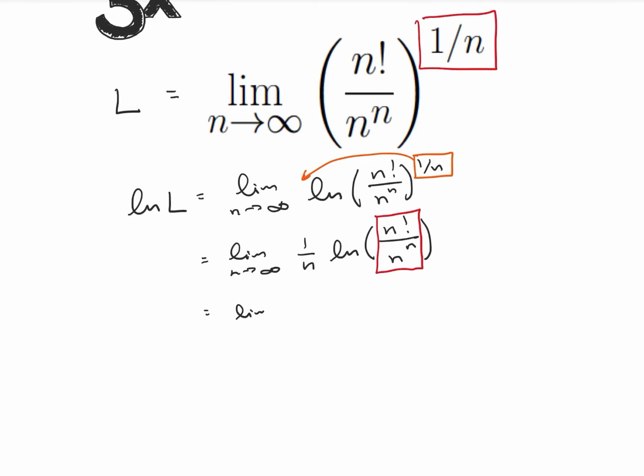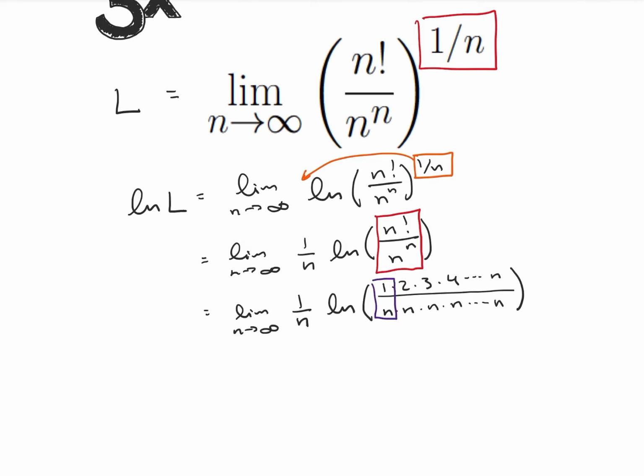Let's rewrite this as the limit as n approaches infinity of 1 over n times the natural log of 1 times 2 times 3 times 4 all the way up to n, divided by n times n times n times n all the way up to n.